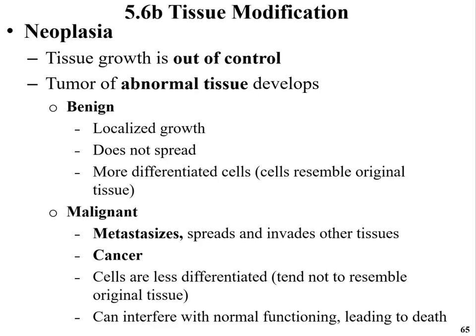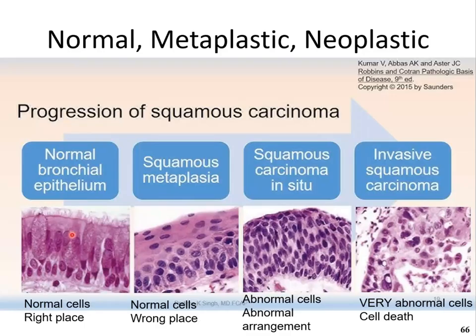You can have malignant neoplasia. This type of neoplasia can metastasize, which means it spreads and invades other tissues, and we call this cancer. In cancer, cells are less differentiated, meaning that they tend not to resemble the original tissue from which the cancer is derived. And of course, cancer can interfere with normal functioning, leading to death.